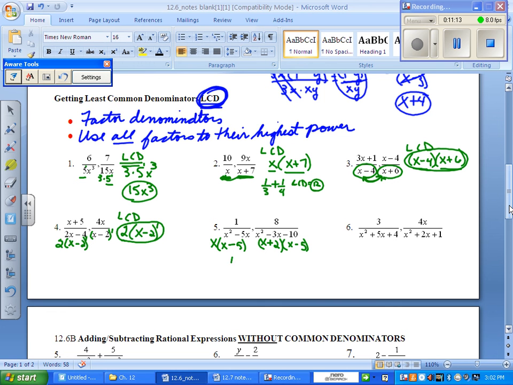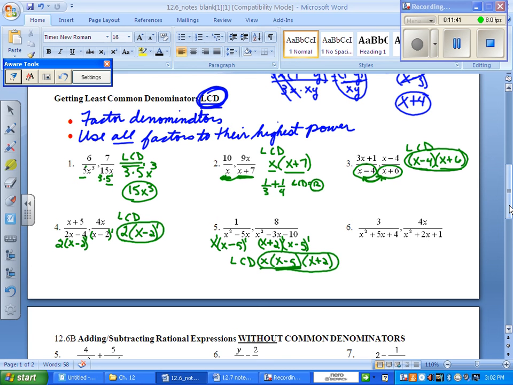Now the least common denominator lists all your factors, x, x minus 5, and x plus 2, to their highest power. This was to the first, this was to the first, this was to the first. That's why you only list x minus 5 once, because the highest power on them is 1. That's your least common denominator. Do not distribute or FOIL.